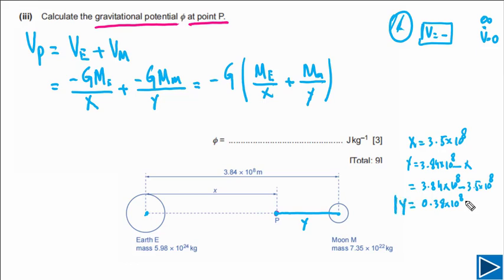So we have found the value of y, we have the value of x, we have the mass of the moon, we have the mass of our planet. Now we simply need to plug in these values here.